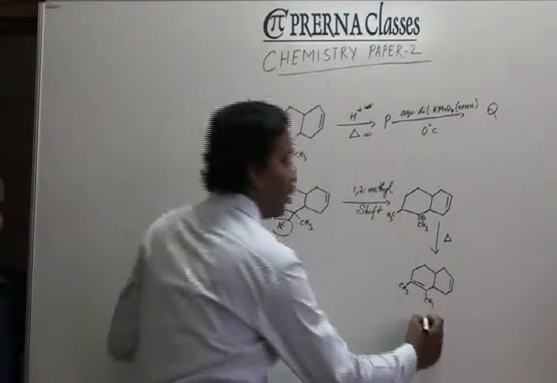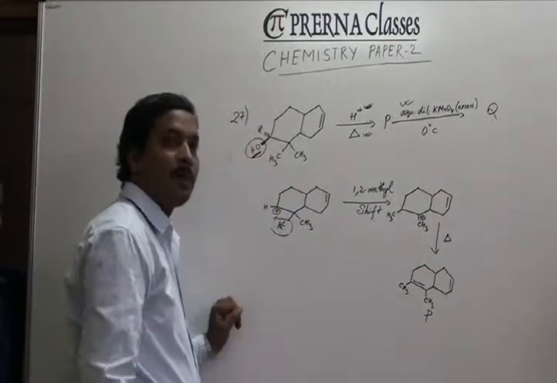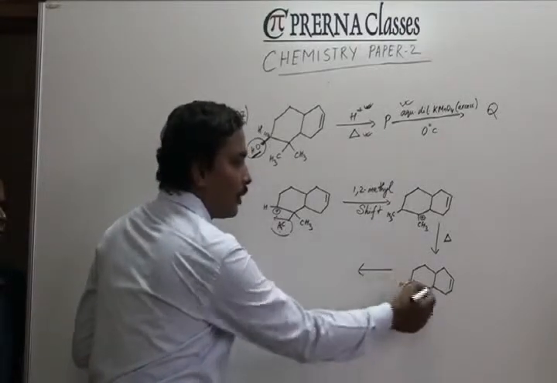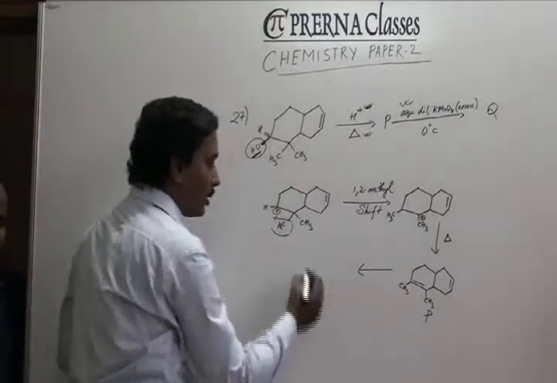Next, it reacts with aqueous dilute KMnO4 in excess. That means the double bond will be converted and OH groups will be attached. That means removal of the double bond and OH groups will be attached.